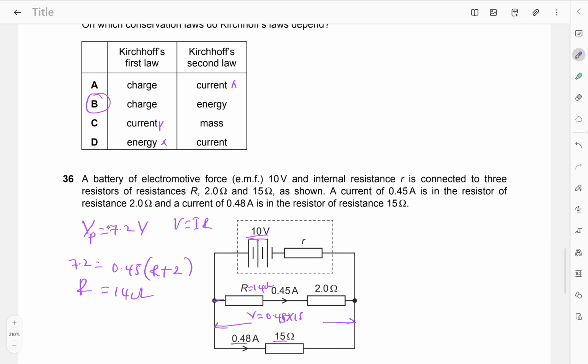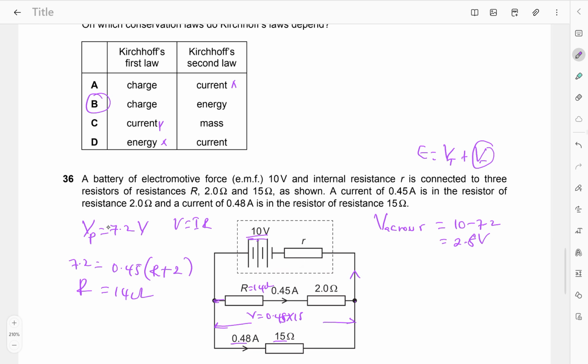Since the EMF is 10 volts and the PD across the parallel combination is 7.2, the PD across small r, which I'm going to call the lost volts, is going to be 10 minus 7.2 because energy must be conserved. Remember, EMF is equal to terminal PD plus the lost volts, that is PD across the internal resistance. So this is going to be 2.8 volts.